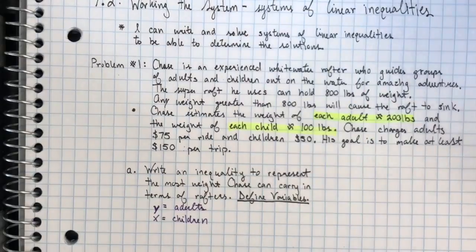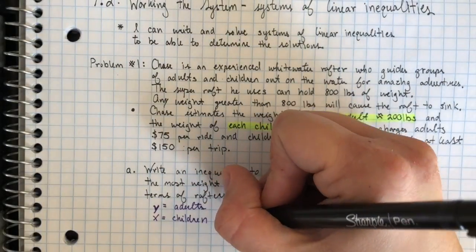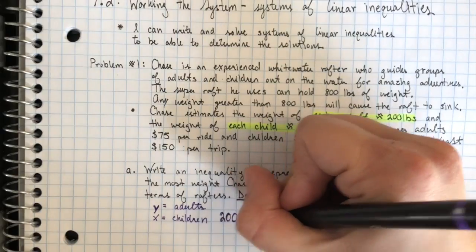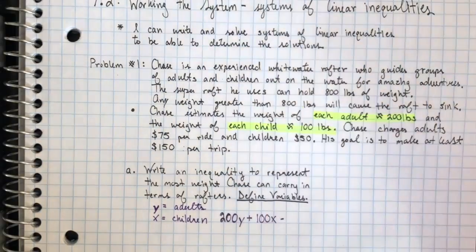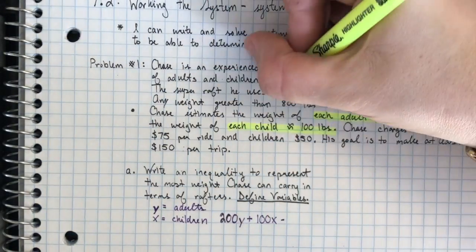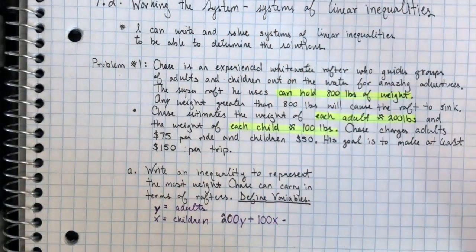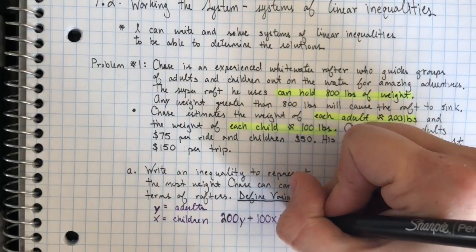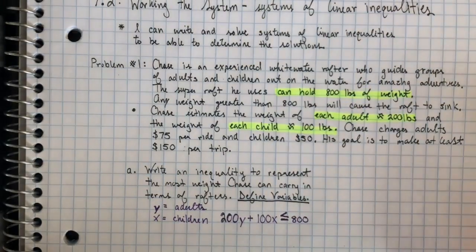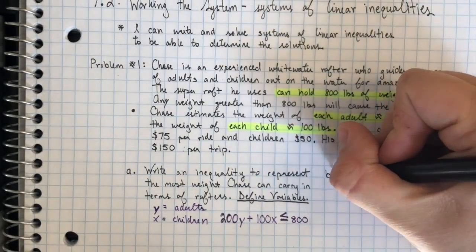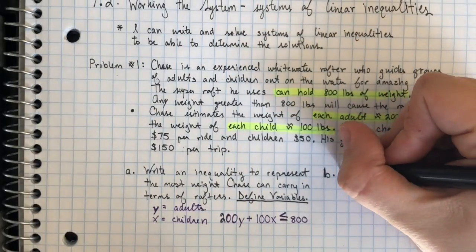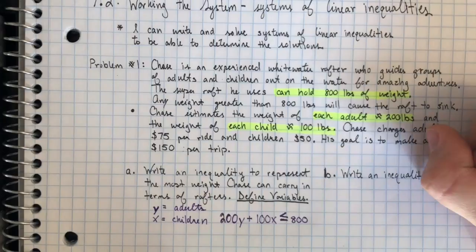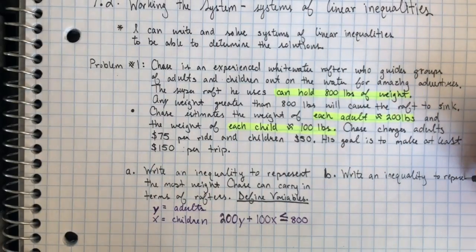So each adult is approximately 200 pounds. Each child is approximately 100 pounds. So 200 per adult times the number of adults plus 100 per child, so times the number of children, is going to be less than or equal to 800 pounds because the raft can only hold 800 pounds. So whatever that total weight is needs to be less than or equal to 800.